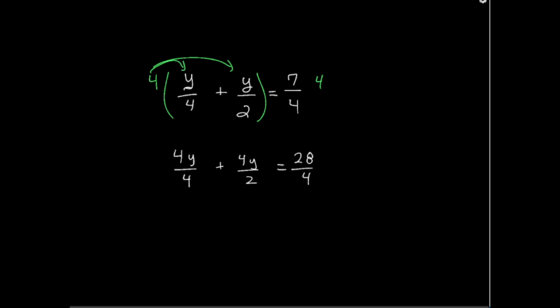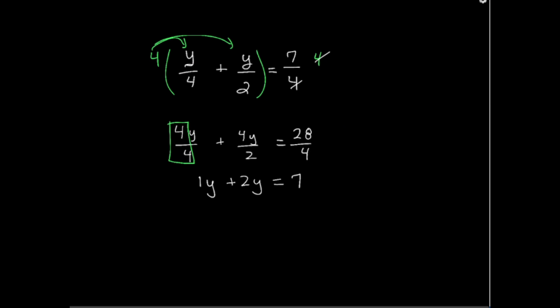For some reason, this seems to trip students up a little bit. 4 over 4 is just 1, so this is just 1y. And then 4 divided by 2 is 2y, and 28 over 4, or you could have just seen that those two 4's cancel out, leaves me back to 7.